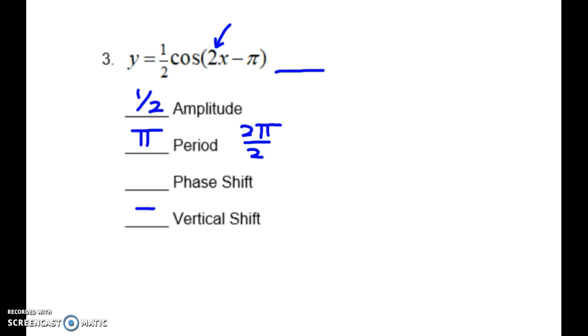The phase shift in this case, I don't know if you noticed this, but this one looks different than our notes. In our notes, we had something like cosine of b parentheses x minus c. So that b in front of the x was separated out. It's not separated in this case.